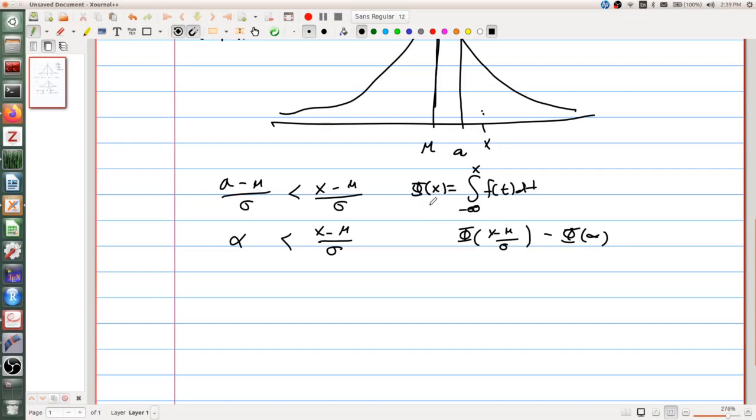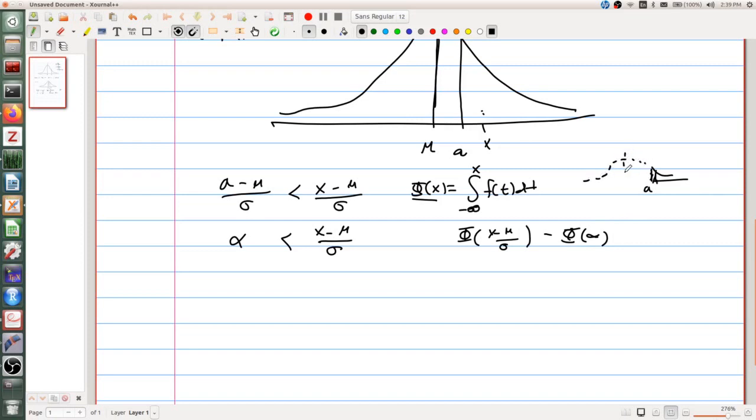So we cannot use this unadjusted phi of x. We need to make an adjustment by subtracting off this lower end of the distribution. We have an x here, and regular phi of x calculates all of this for us, but we need to subtract off all of this part and just consider what's greater.